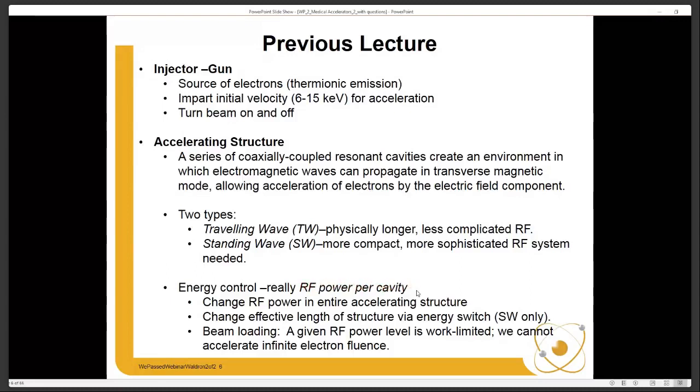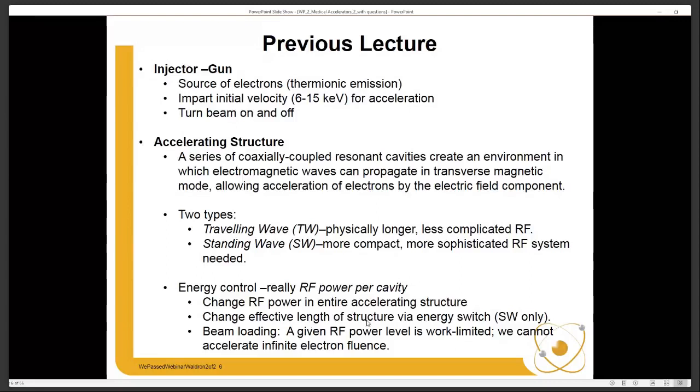So in general, what we're really talking about are techniques to control the RF power in each cavity and subsequently changing the electron beam energy. And so one way we can do that is by changing the amount of RF power that we provide into the entire structure. This will increase or decrease the acceleration of the electrons.